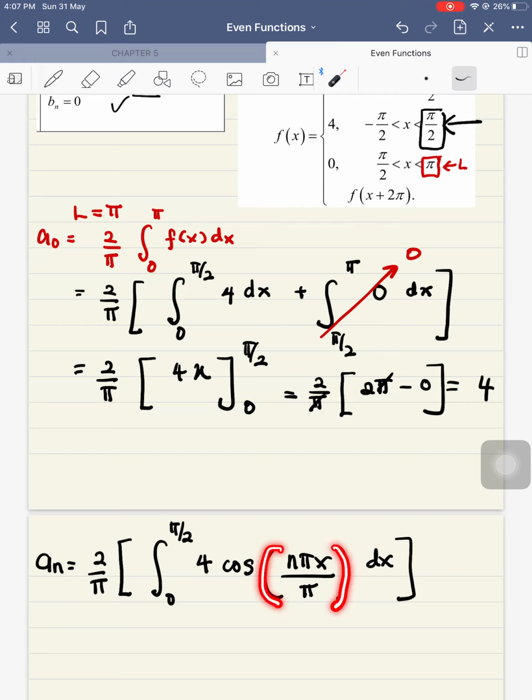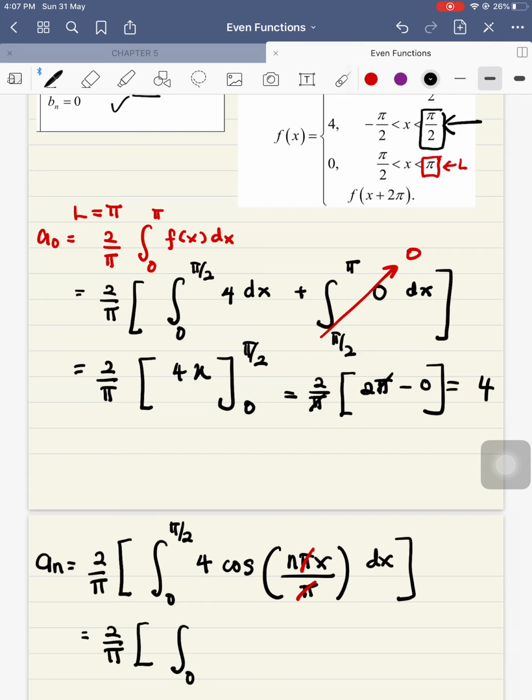Why? Because this is in the same bracket here. Okay, so when you cancel out this one, so you left with 2 over pi. So integrate 0 to pi over 2, 4 cos nx dx.